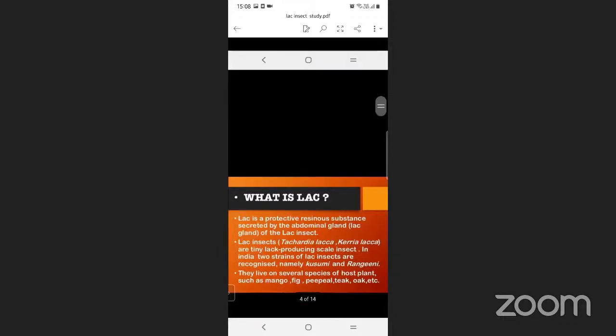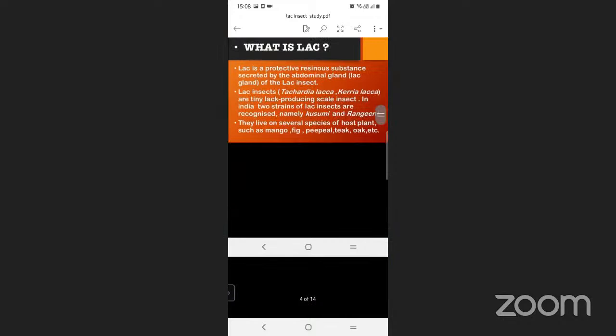Coming to the introduction, what is lac? Lac is a protective resinous substance secreted by the abdominal gland of the lac insect. So that is secreted by this particular insect on the branches, trunks.